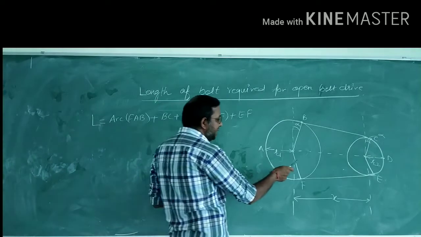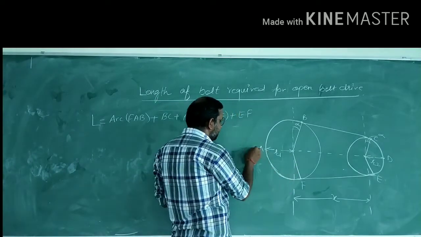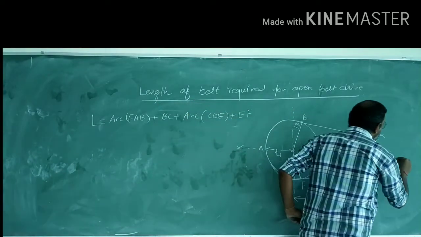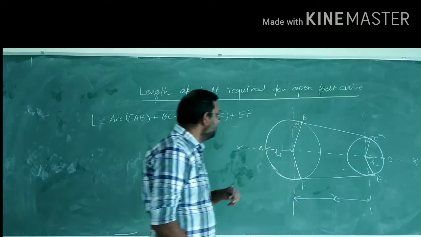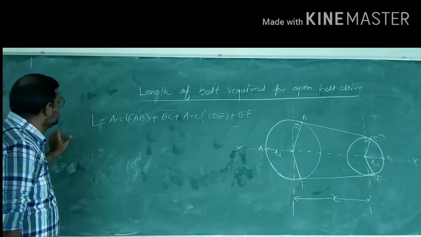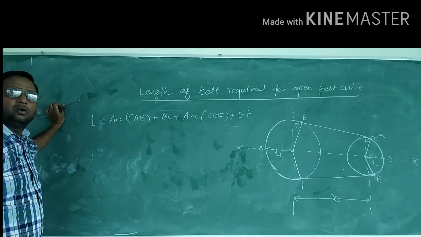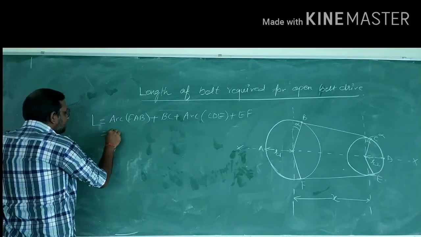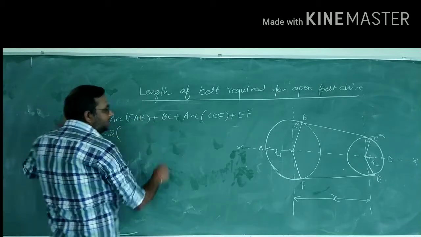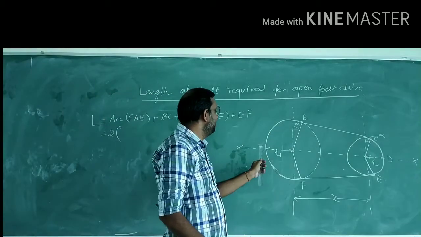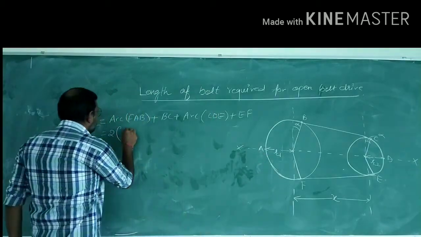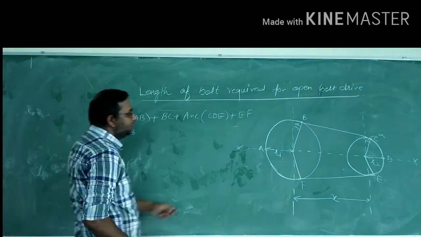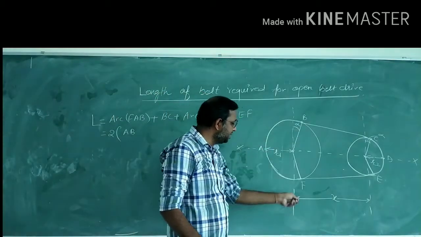So now let us simplify. If we look into the diagram, this diagram is symmetrical about the x-axis. Let's say this is our x-axis. So the top part of the diagram is symmetrical to the lower one. So what generally we do? We just reduce our calculation by taking 2 times. Instead of FAB, we will take AB, because arc length AB would be equal to arc length AF.